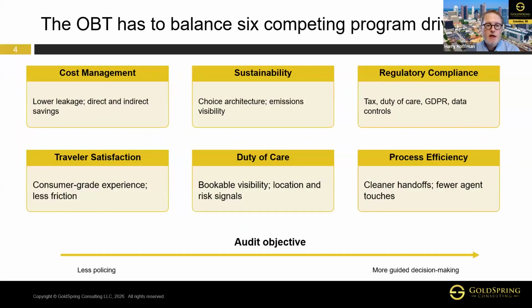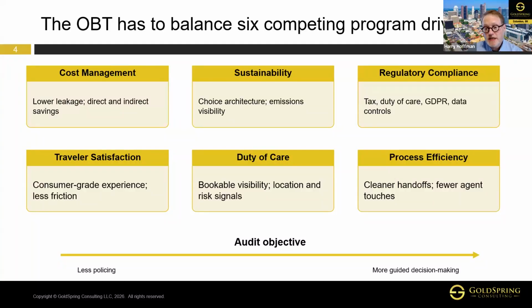The OBT ties back into those drivers through several areas. Cost management is not just about having discounts loaded to the program, but making sure the program in the OBT is built to drive better decision making, with lower leakage and both direct and indirect savings. There are also sustainability features within the OBT, choosing the right architecture and emissions visibility so travelers can make the right decisions.